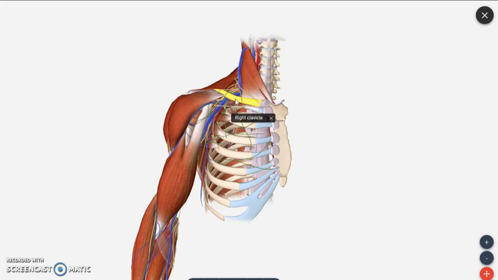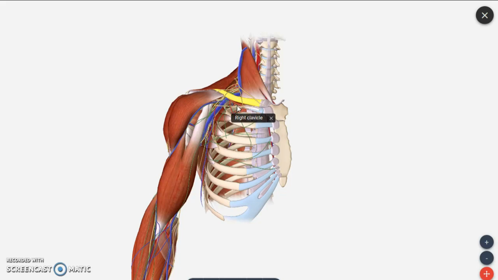We call it the clavicle or collar bone, and it is also considered a beauty bone, which you may have heard before. The clavicle is the one bone present horizontally.